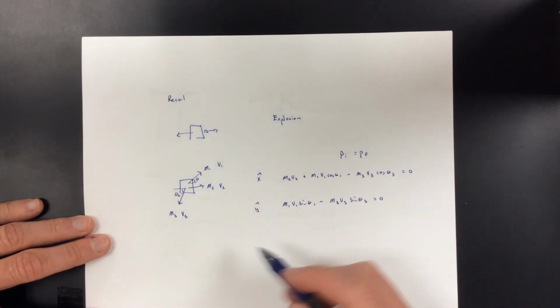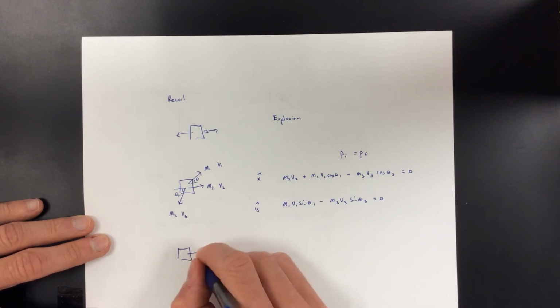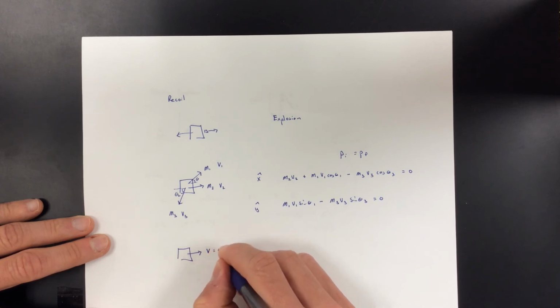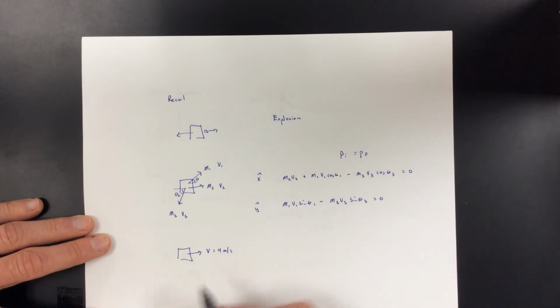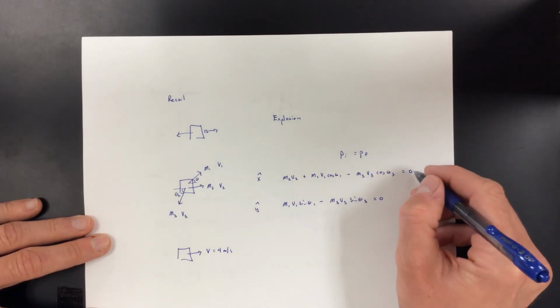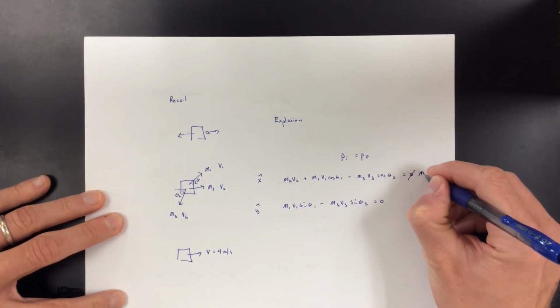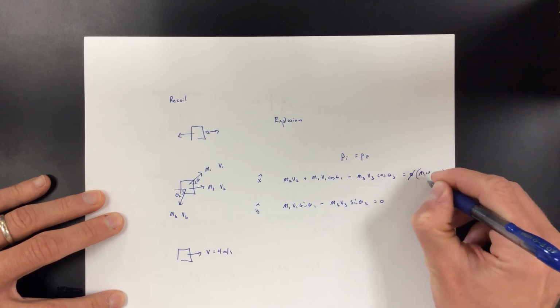Okay? This problem doesn't change anything. What if I said that the box was actually moving this way with some v equals 4 meters per second at the beginning, and then the explosion happened while it was moving? It still didn't have any vertical momentum, and you'd go up here and say this is just M1 plus M2 plus M3 times 4.